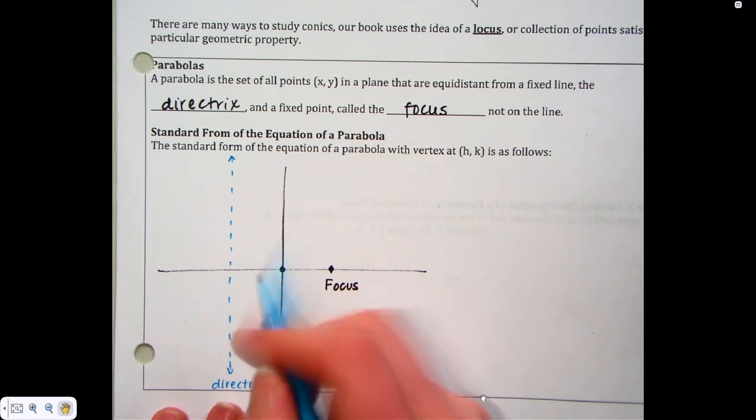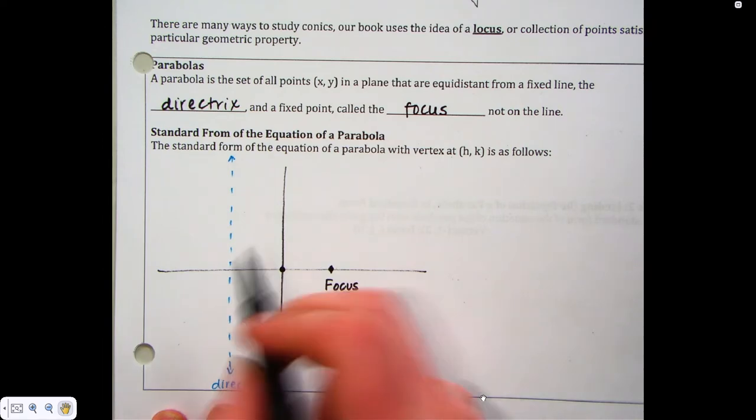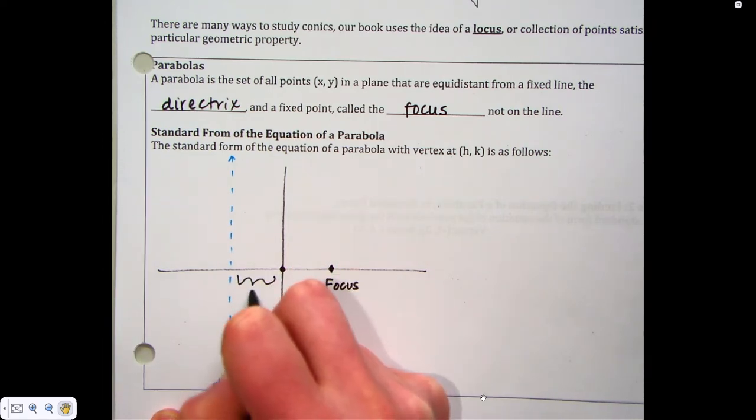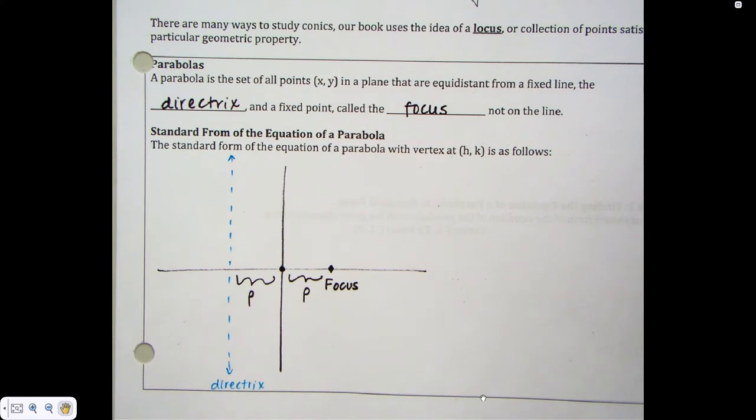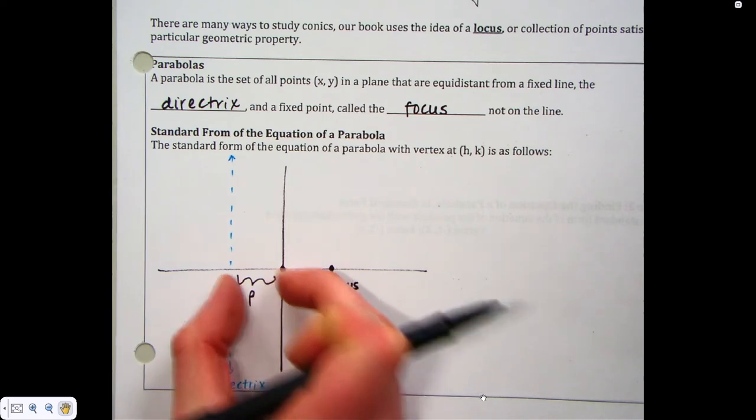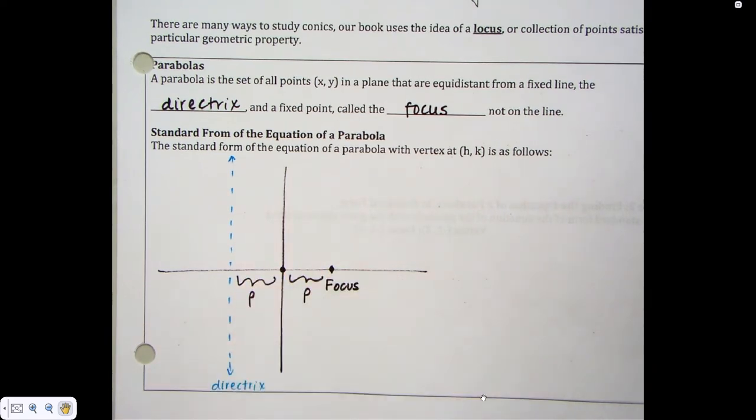They're evenly spaced, so this length here and this length here, we're going to call that lowercase p, and those two lengths are equal. In this case, it's centered at the origin, but you could move this anywhere in the plane, and those distances would always be the same.